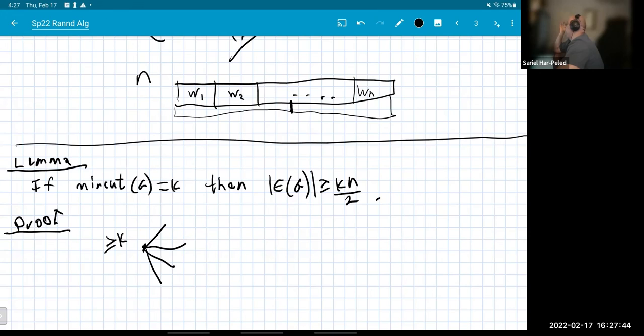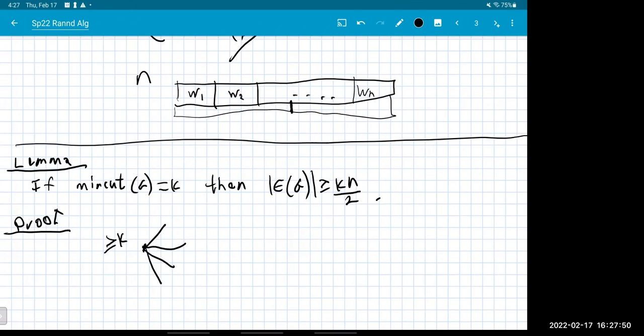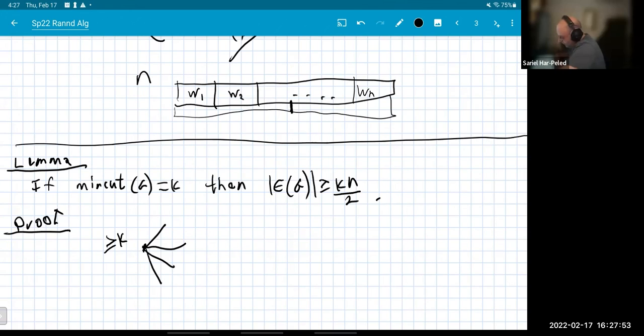What happens if the vertex has degree 7 and K is much bigger than 7? The vertex itself can be taken as the min cut, the vertex itself can serve as a min cut against everybody else. So the degree of the vertex must be at least the value of the min cut. So every vertex has degree at least K.